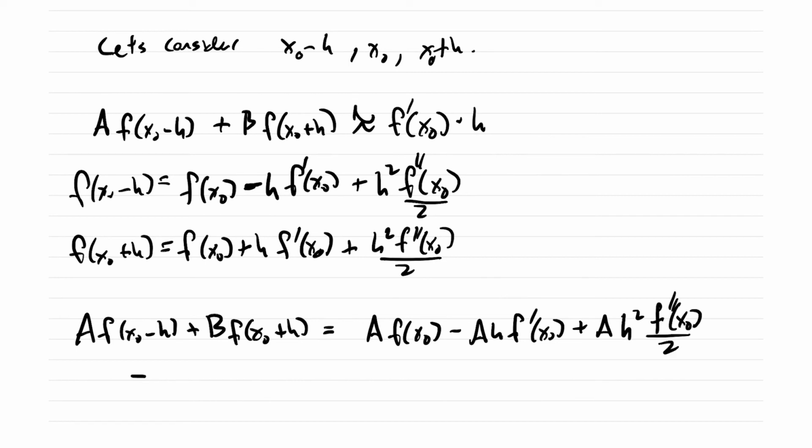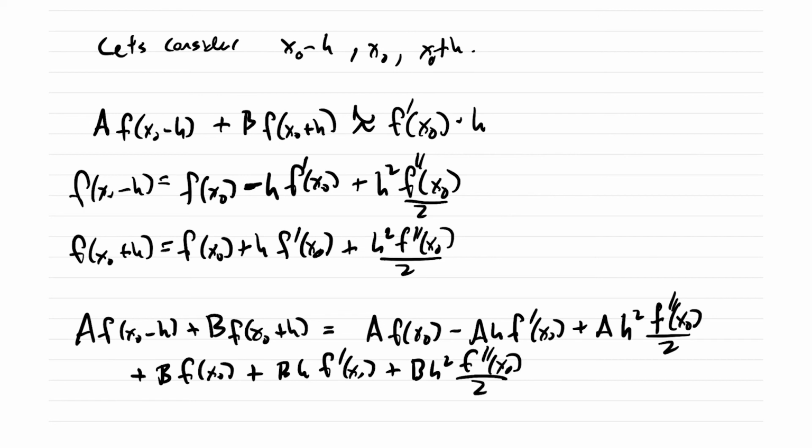And now we're also adding on this term, so we have b f of x naught plus b h f prime of x naught plus b times h squared times f double prime of x naught over 2.